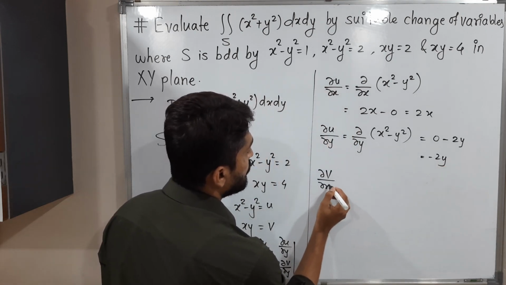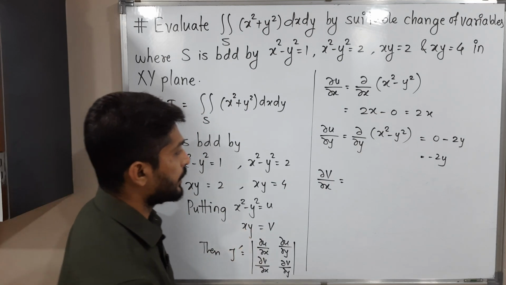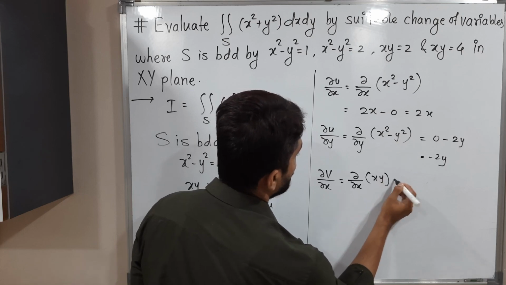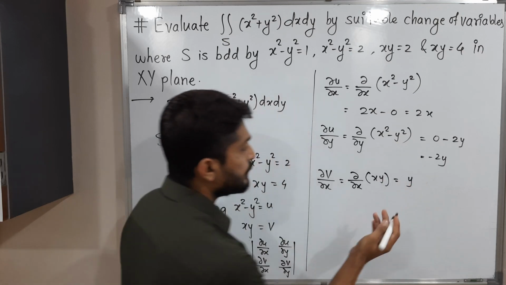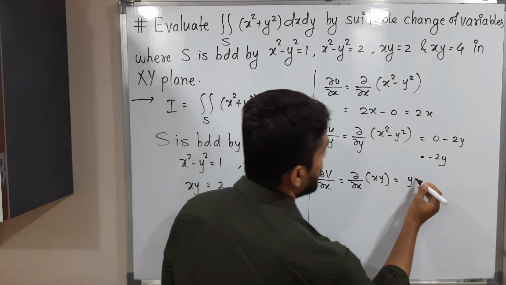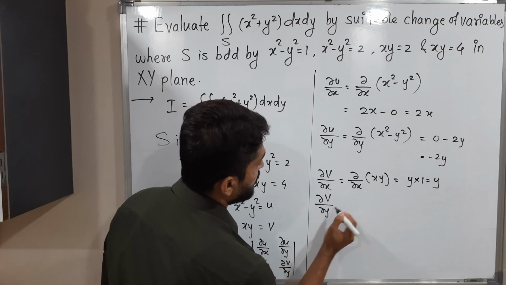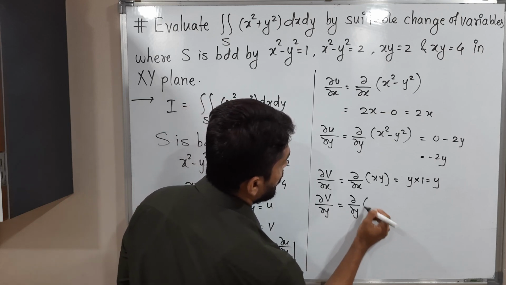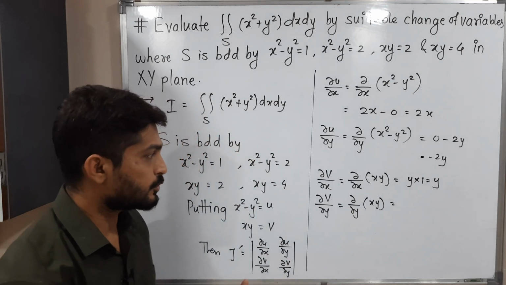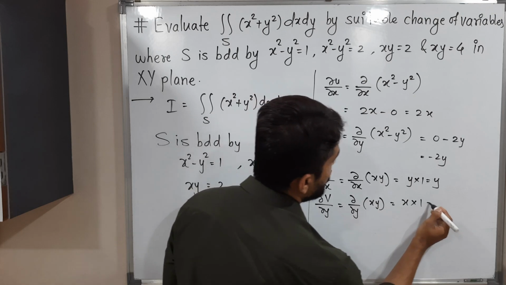Now the derivative of v with respect to x. So what is our v? xy. See, y is constant and will come outside, and the derivative of x is 1, so the answer is y. Derivative of v with respect to y. So we are differentiating with respect to y, so x is constant this time and will come outside, and the derivative of y is 1, so its value is x.